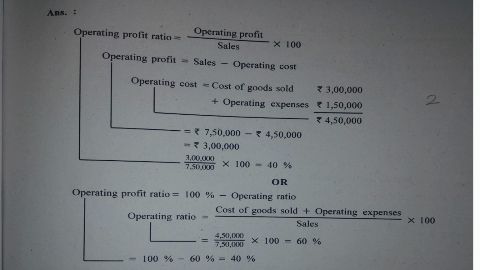Now if you substitute this figure in the optional formula, operating profit ratio equals 100% minus operating ratio. So 100% minus 60% gives 40%, which is the answer for operating profit ratio, 40% again.